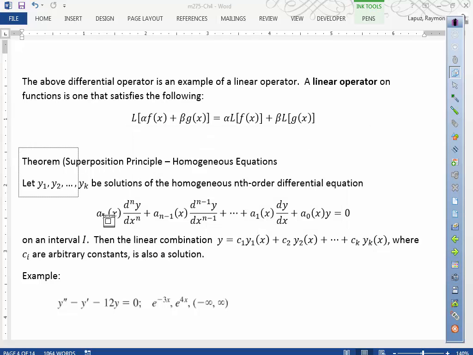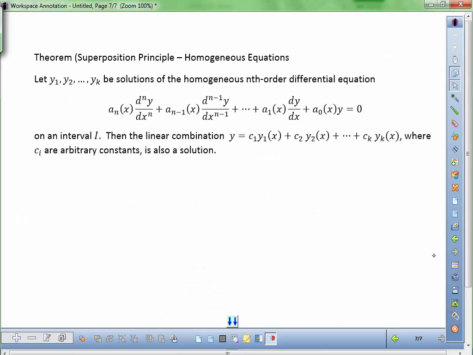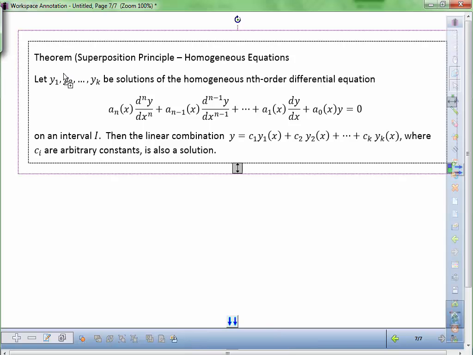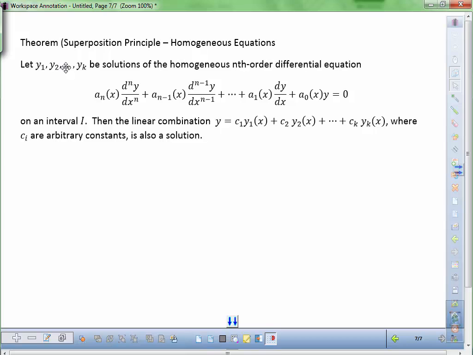Another piece of theory that will be important for us as we study higher order differential equations is the idea of superposition. It's a simple idea. It looks complicated, but it's really not that big of a deal.